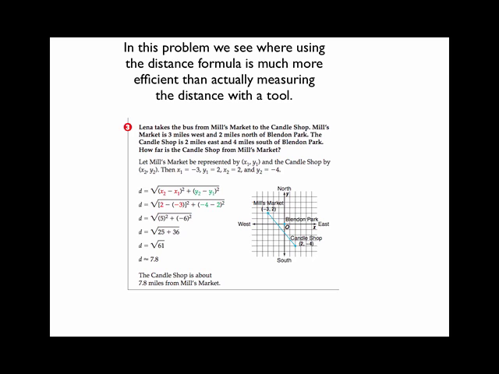Again, we would not want to get out a measuring tool. So we simply take our coordinates, plug them into the distance formula, subtract, square, add, and take the square root to come up with a distance of 7.8. The candle shop is about 7.8 miles from Mills's Market.